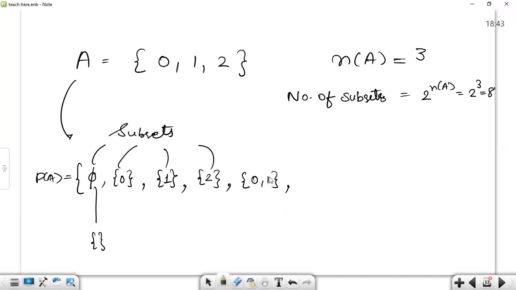Do you agree 0 1 is a subset of set A? Think of this set, whether it is contained in set A or not, true or false. Come on, try. Answer.